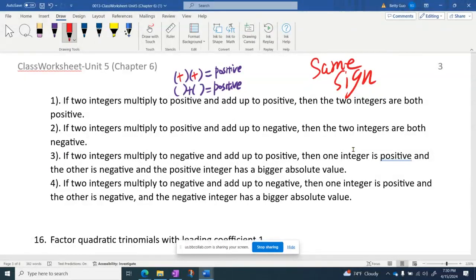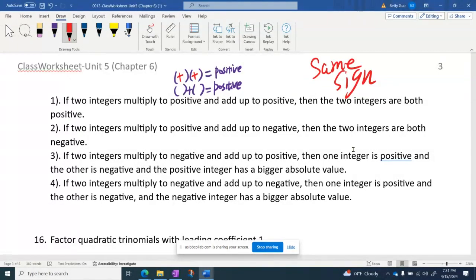And since the 2 integers add up to positive, the 2 numbers have to be both positive. Because if they are both negative, what's going to be their addition? Their sum must be a negative integer, right? Do you agree? Let's try to make sense of the first conclusion. Make sense means you really understand, you agree.